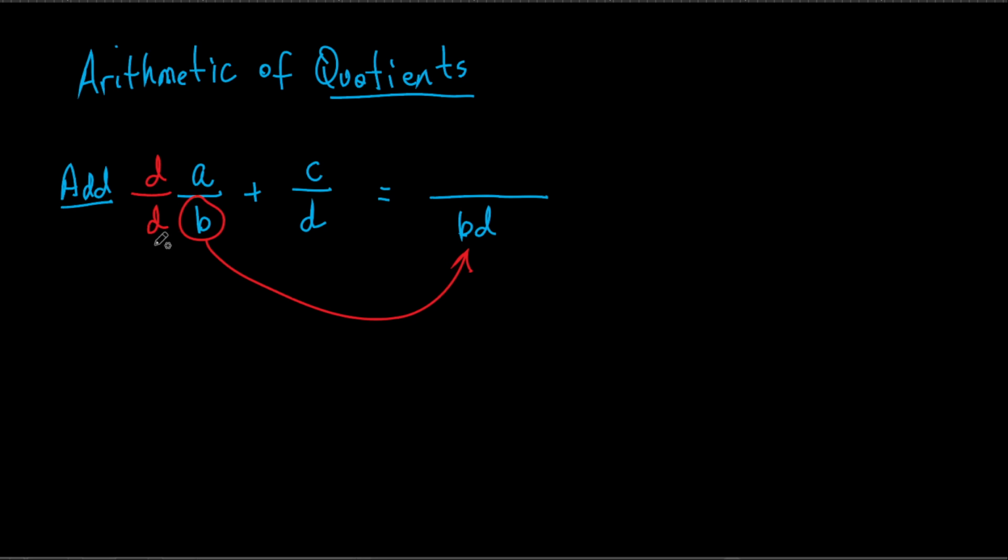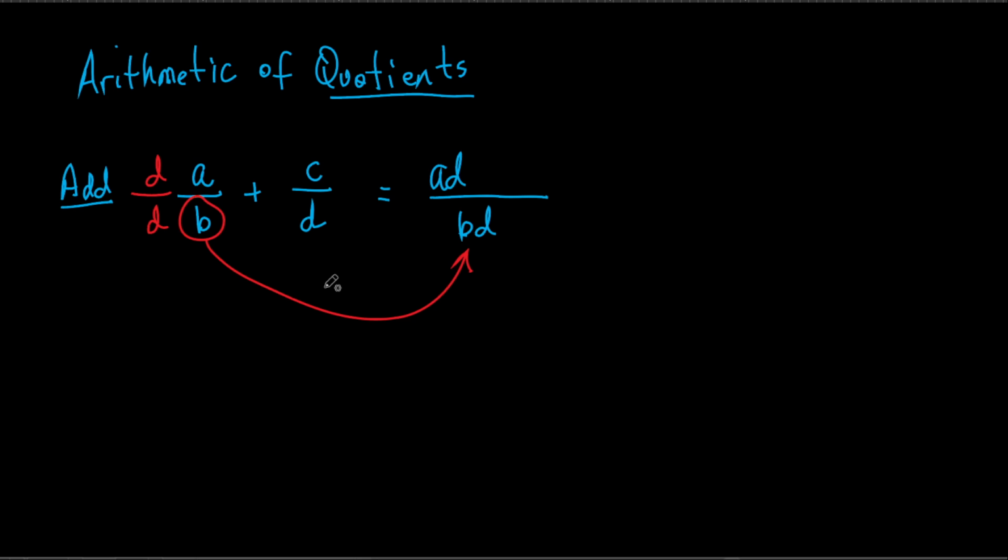What's d over d? What's anything over itself? We just talked about it. It's 1, isn't it? So really, all I did was multiply that by a 1. Does it change it when I multiply by a 1? No, it doesn't change it at all. So really, it's okay if I do this. So I multiplied this by d to get to that. So I'm going to have to multiply the top by what? The d. So what am I going to get right here? I'm going to get AD. Okay, let's keep this in blue.